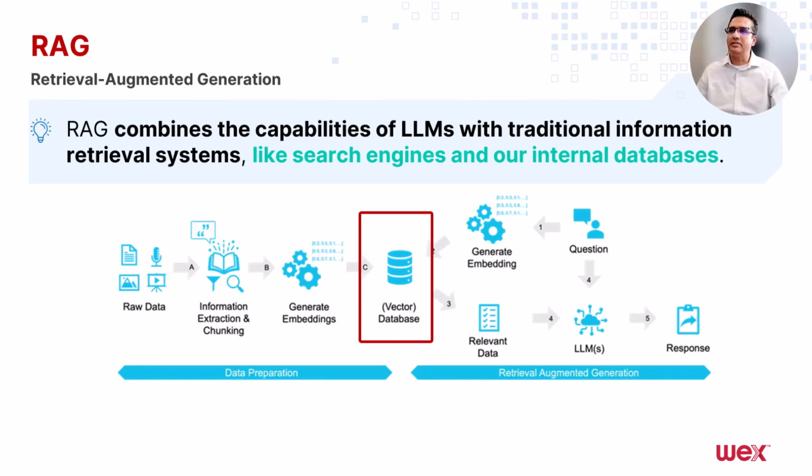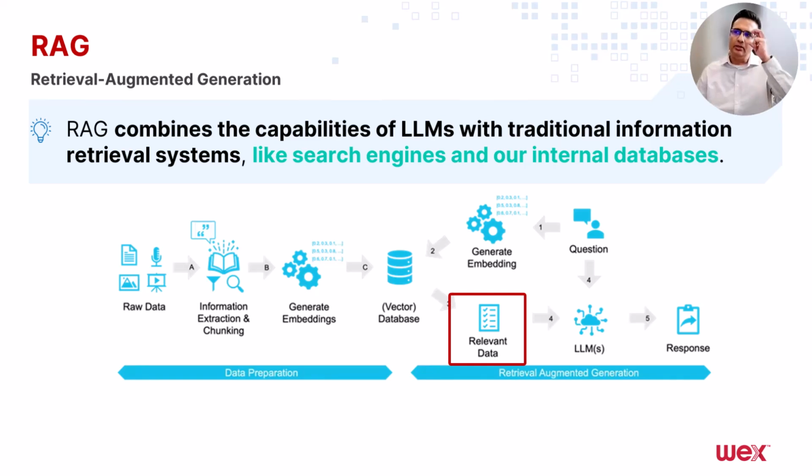This vector database already has the information from your organization, that you chunked, created embeddings, and put in vector database, right? So this prompt also came to the same vector database. Now there is something called cosine similarity that is used to find the best top chunk of all the chunks that we have. Then using that topmost chunk, the embedding or the prompt is enriched. So prompt now has a better context.